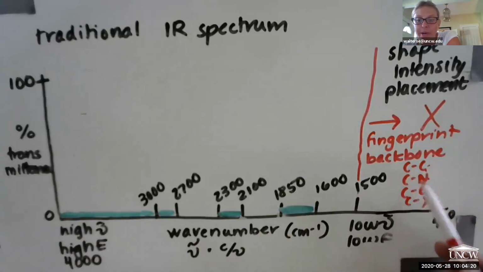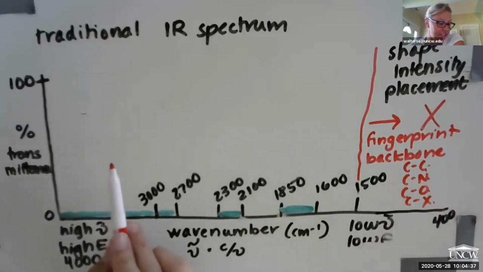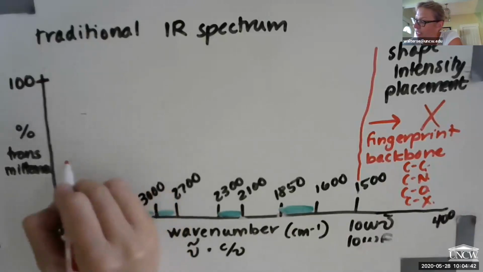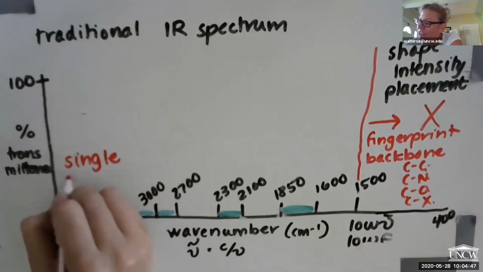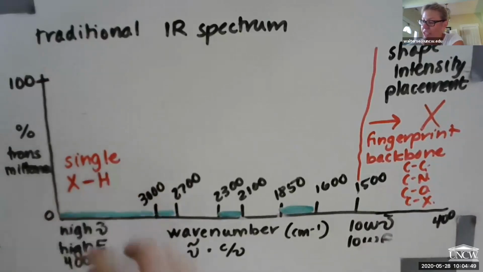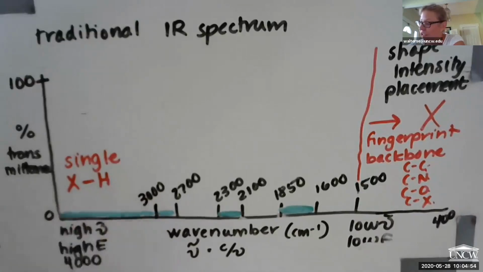Carbon to carbon, carbon to nitrogen, oxygen, halogens. The atom that's missing is the carbon to hydrogen single bond. But because hydrogen is so light and it's easy to vibrate, it's a very high energy vibration. So this is the single bond region when you have some atom bonded to hydrogen, and that could be carbon, nitrogen, or oxygen.